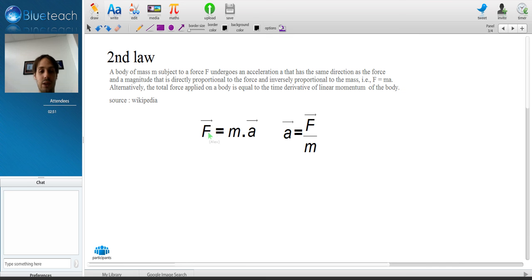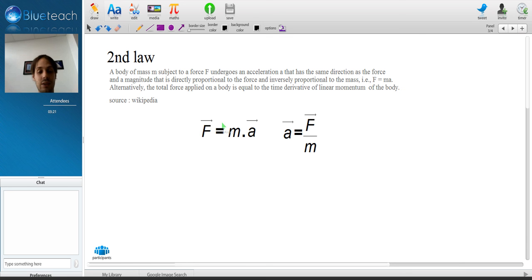So basically what this means is that if you push a bowling ball with a given strength, it will accelerate at a given speed. Now, if you take the same ball, but imagine an extremely heavy ball, for example 10, 100 times the weight, you can see that if you apply the same force on it, the same strength, it won't accelerate as fast.